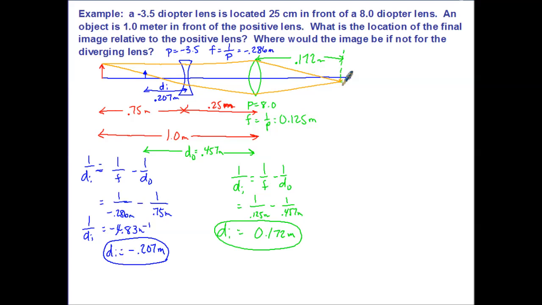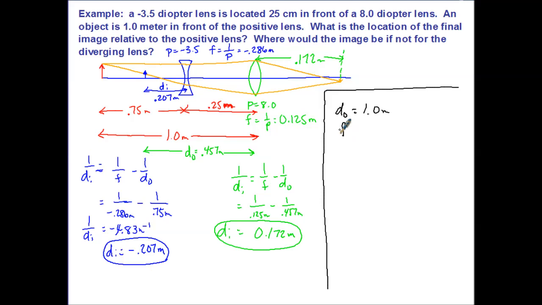Now what's interesting is to see where would that image be located if there was no diverging lens here. So let's just see where the image would have been without that additional lens. So I'm just going to use black here for this one. The distance that the object is away from here, DO, would be 1.0 meters. Okay, so that's without that lens there. This converging lens would be viewing just this.